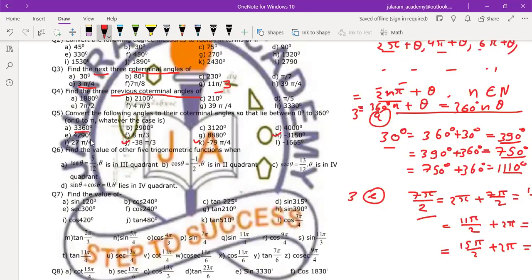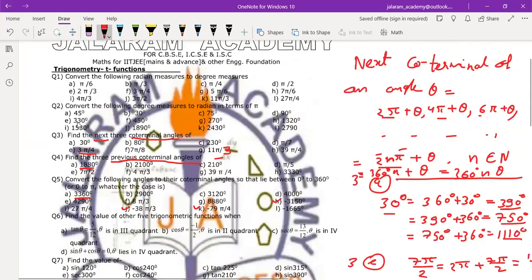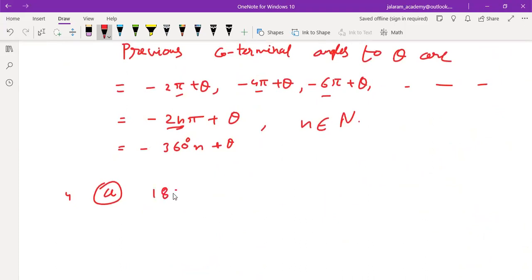Now question 4a: 1880 degrees is an angle, and we have to find the previous coterminal angles. So we add minus 360 degree to 1880, which gives 1520 degree.